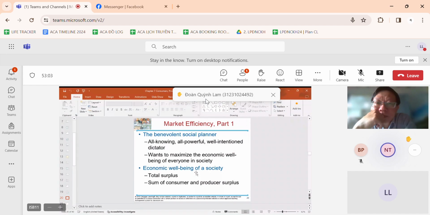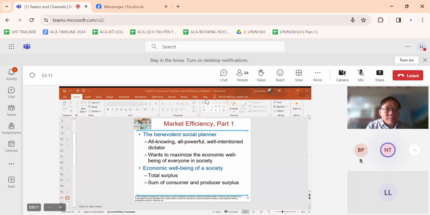According to our group presentation, we know that the supply curve tends to slope upward because the price and the quantity supplied are directly related.